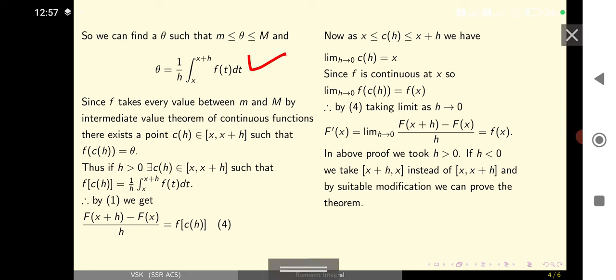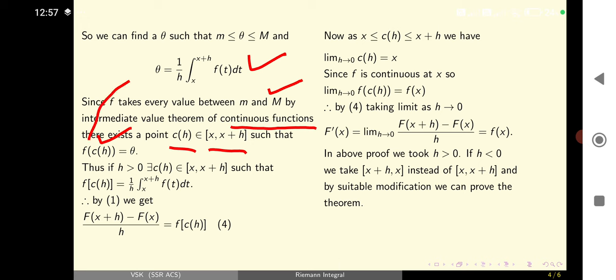Now since f takes every value between m and M, by the intermediate value theorem for continuous functions, we can find a point c_h depending on h, which lies in [x, x+h], such that the value of f at c_h will be equal to theta. That is, the value of f at c_h will be this value.